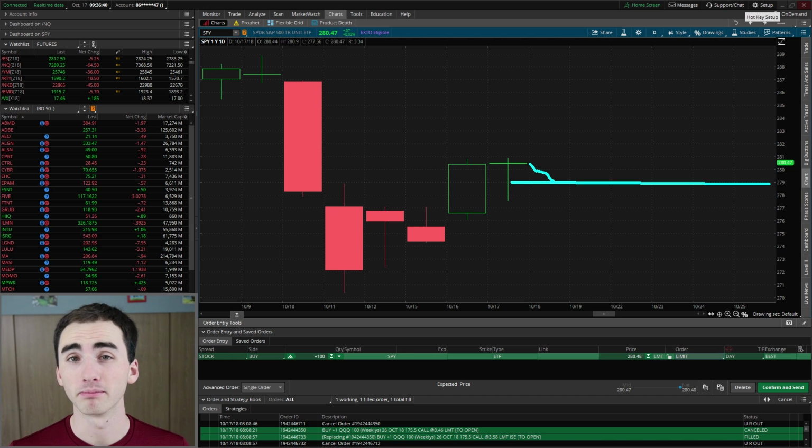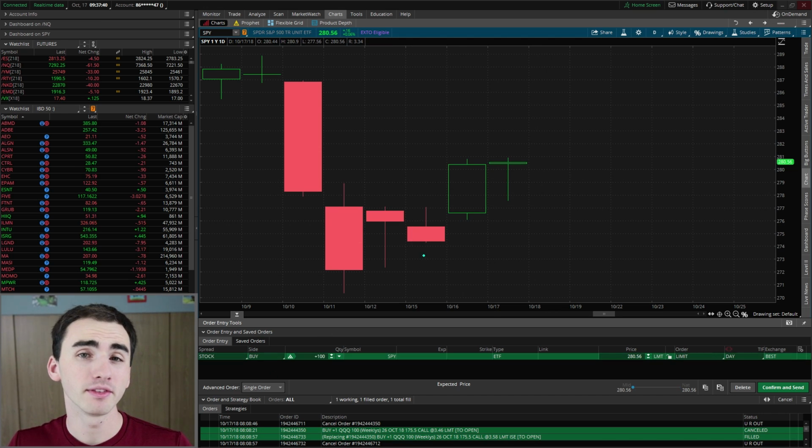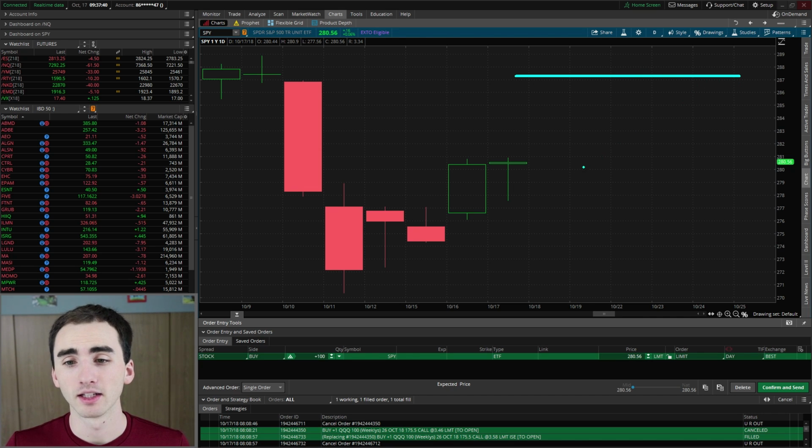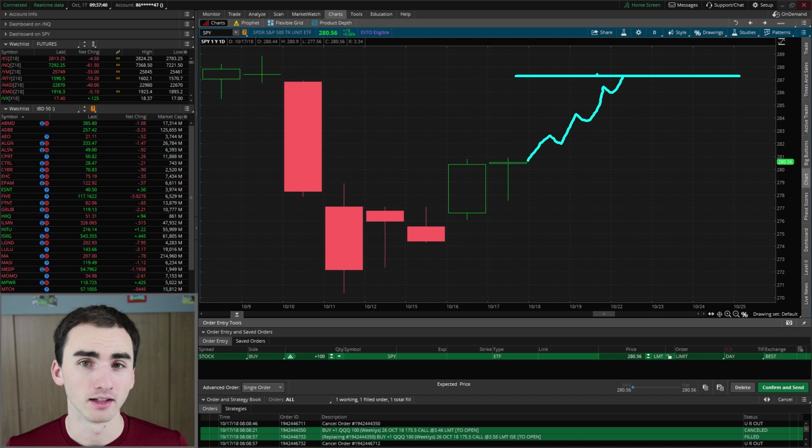So if you had already bought a stock, you could place a limit order above the market up here, and then when the market price traded up to that level, you would then sell, and potentially you could have sold right at support, maybe when you weren't looking at the market, and then you could come back and see that the market had already sold off.